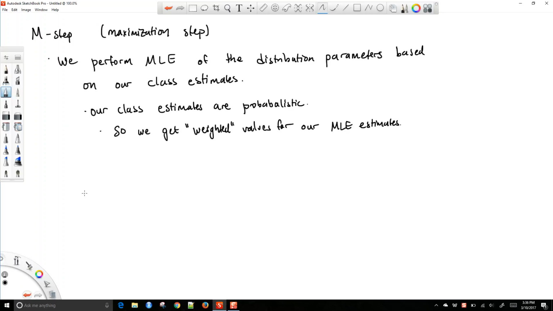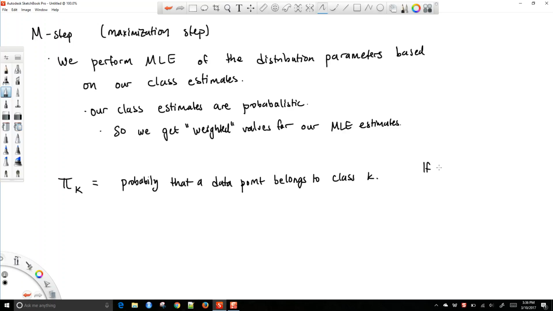So for example, pi sub k. This is our probability that a data point belongs to class K. If we had the actual assignments, this would just be the count of the data points in K divided by the total number of data points, right?